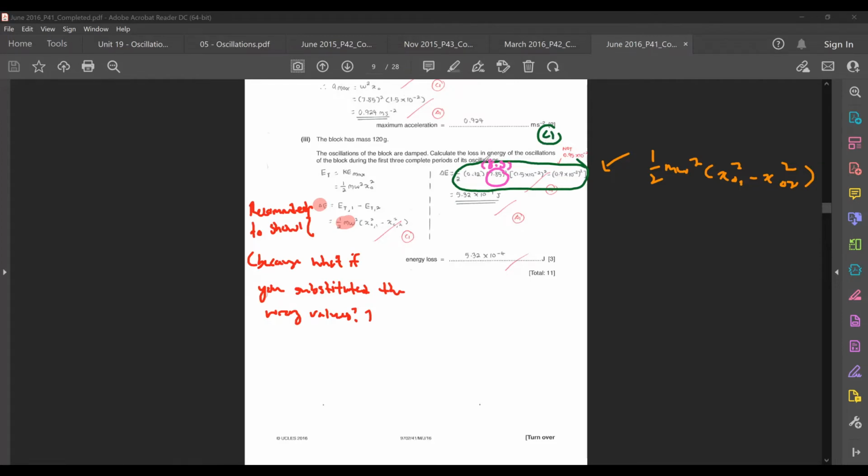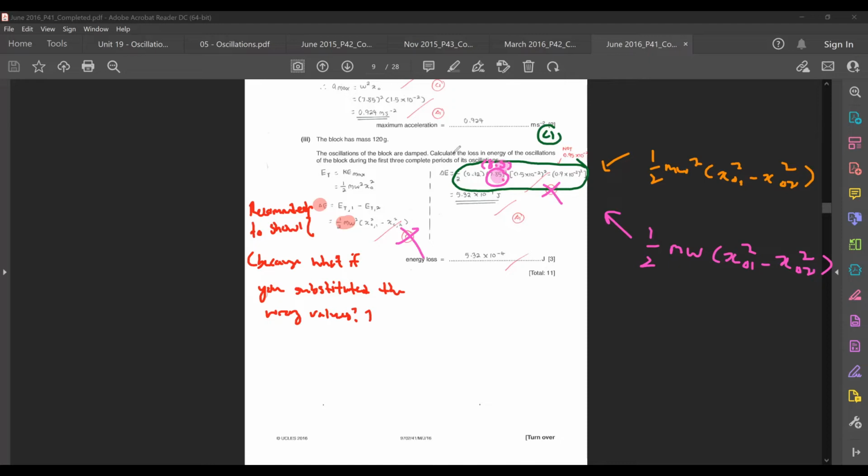From here, the examiner will be wondering whether you actually know the correct equation, or whether you interpreted it as just half m omega x naught 1 square minus x naught 2 square. In such a case, because you substituted wrongly here, you not only will not get the mark for this, you also will not get the mark from this.